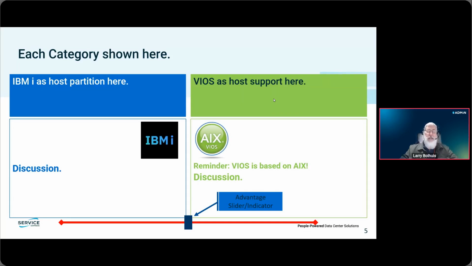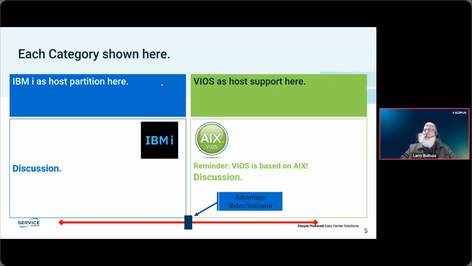VIOS itself is a shell on top of AIX. If you've done a lot of VIOS over the years, you'll notice some of those VIOS upgrades come with an AIX upgrade as well. So the current level of VIOS is the most current level of AIX underneath it.